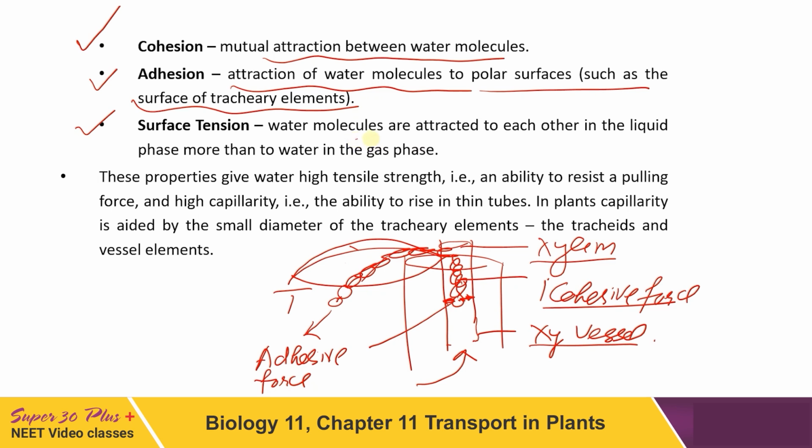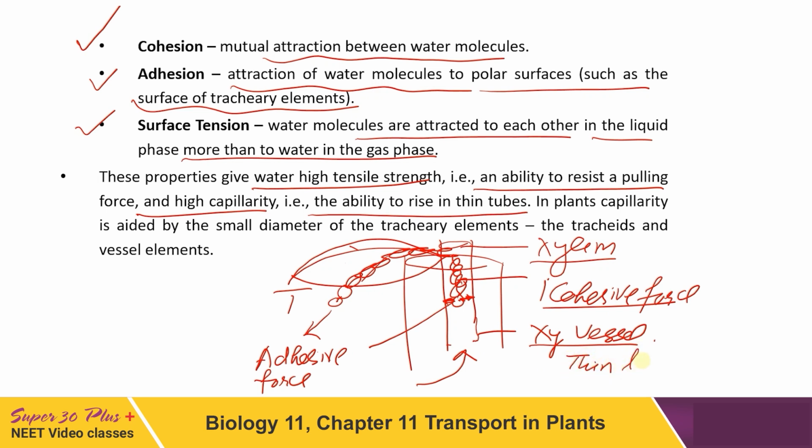Water molecules are attracted to each other in the liquid state more than in the gaseous phase. So all these three properties give water high tensile strength, an ability to resist pulling force, and high capillarity, the ability to rise in a thin tube, because the xylem vessels are just like thin tubes, which will also provide capillary force.